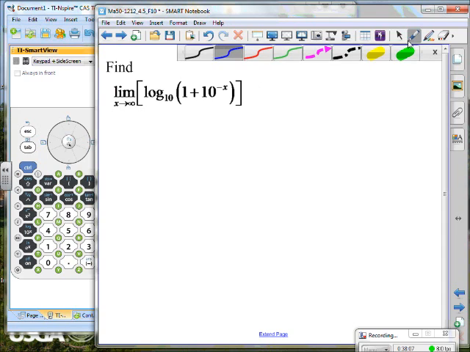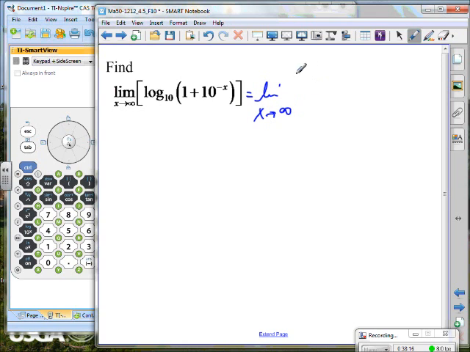Anyone want to jump in and rewrite this for us? I'll help you out. Limit, x goes to infinity, log of what? 1 plus, how about 1 divided by 10 to the x?